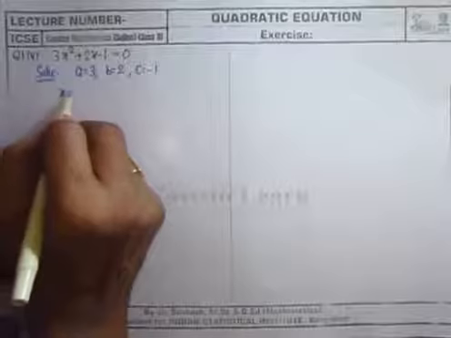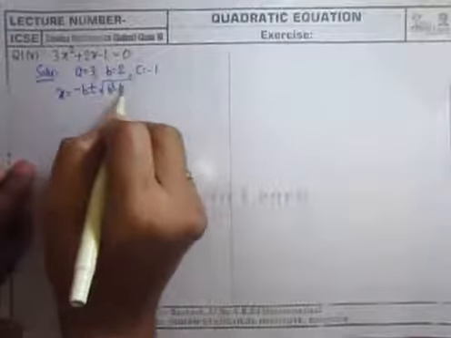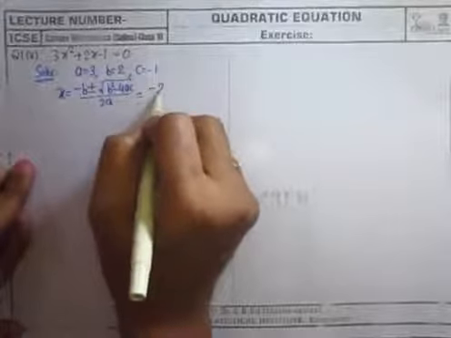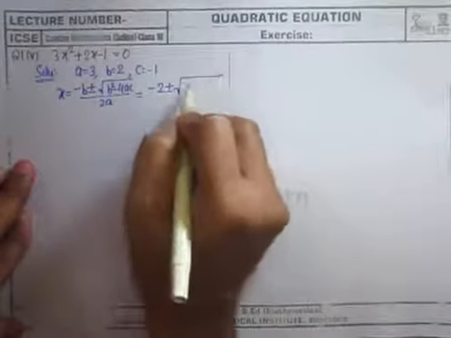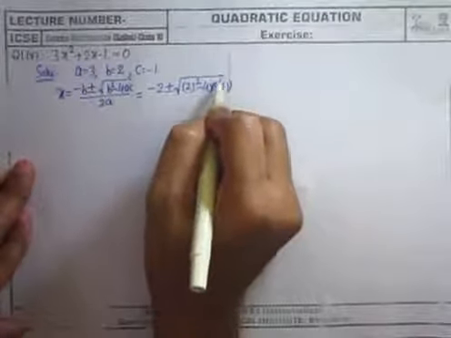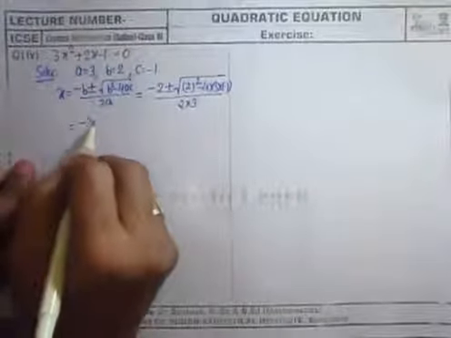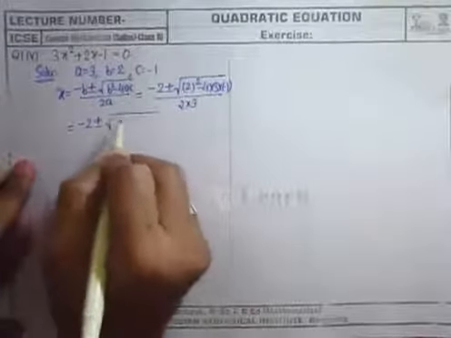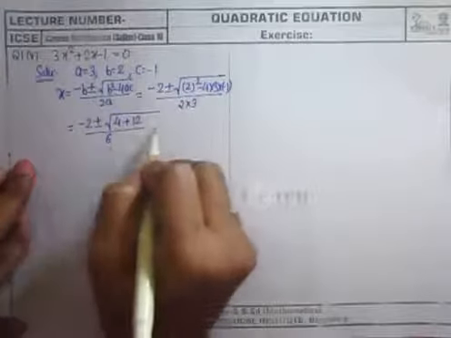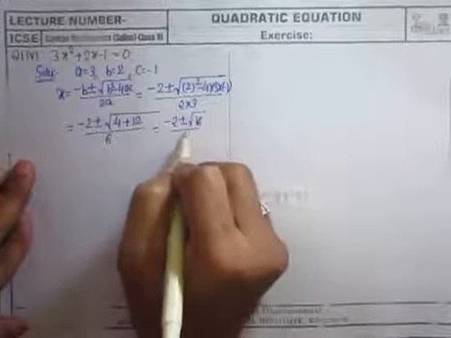Now formula for x is minus b plus minus root under b square minus 4ac by twice a. So put here minus b is minus 2 plus minus root under b square, so 2 square minus 4 times a, which is 3, and c is minus 1, by 2 times a, which is 3. So minus 2 plus minus root under 4 plus 12 by 6. So minus 2 plus minus root 16 by 6.